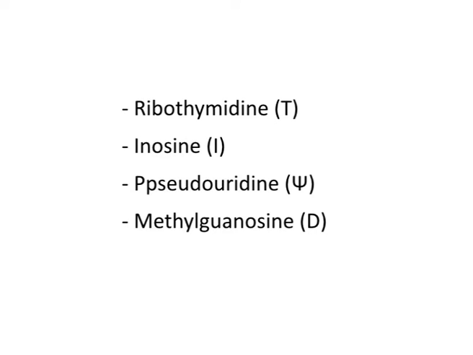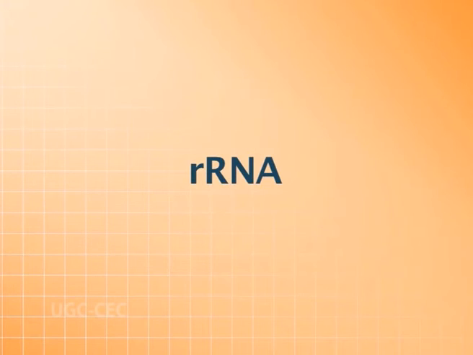Some of the modified bases present in a tRNA molecule are ribothymidine, inosine, pseudouridine, and methylguanosine. Although there are 61 codons in the universal genetic code that specify amino acids, most organisms possess fewer than 45 different tRNAs. In continuation, we will be discussing ribosomal RNA in the next topic.